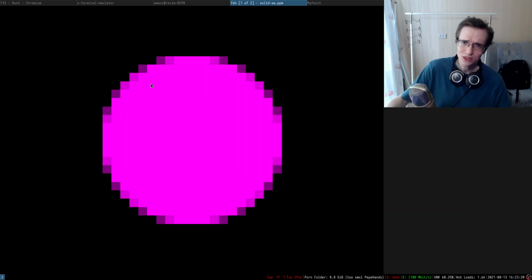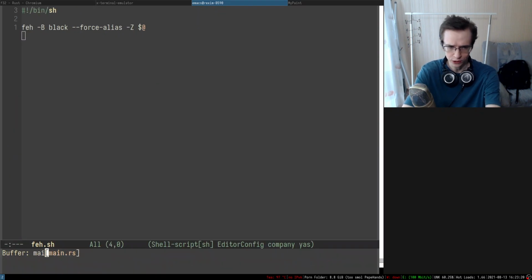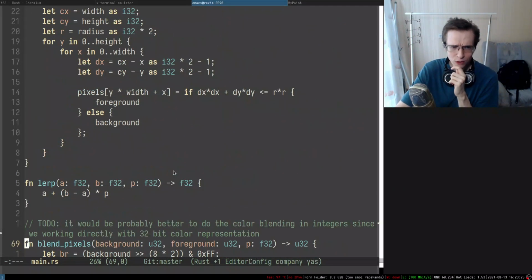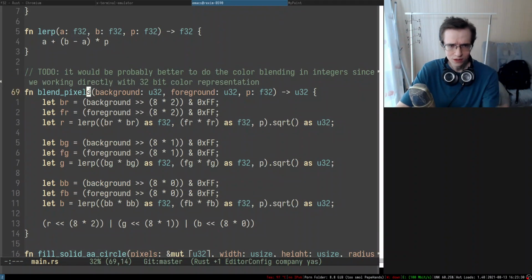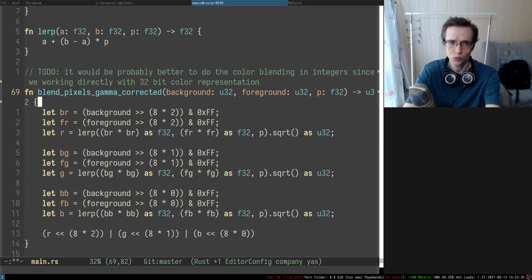I want to compare it with incorrect blending of the colors, right? So if we're not doing this gamma correction thingy with square roots and whatnot, how is it going to work? So this is blend pixels, let's call it gamma corrected, right? So this is one thing.